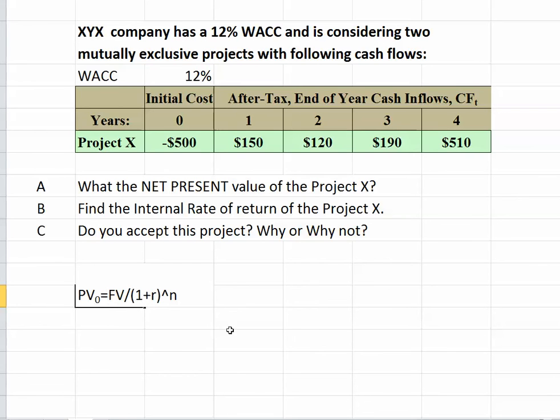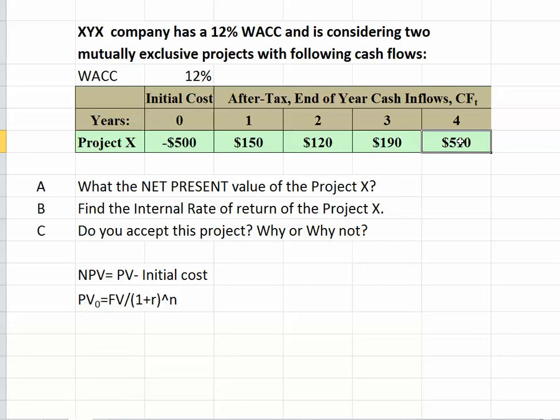So this is present value equals to future value divided by 1 plus r raised to n. For example, if you want to find out the present value of this fourth cash flow, how do you do it? It equals this number, the future value, divided by 1 plus the discount rate, raised to how many years we are discounting? 1 year, 2 year, 3 year, 4 years.